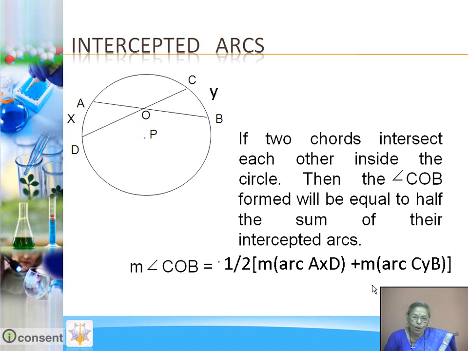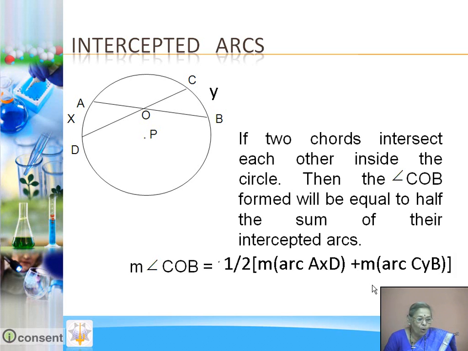मुलांनो, या 2 chords एकमेकांना सर्कलच्या आतमध्ये छेदले आहेत. किती कोन तयार होतील? 4 कोन तयार होतात. If you have to find out the measure of one angle, the measures of intercepted arcs should be given. The property is like this.